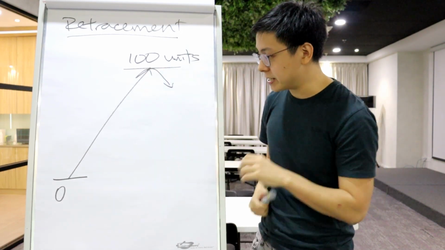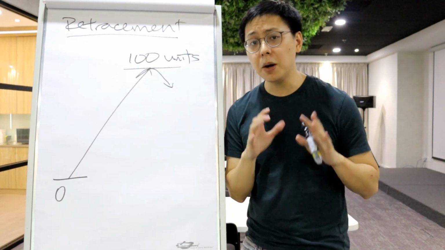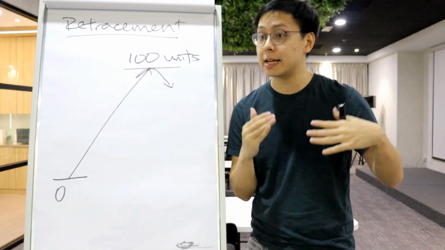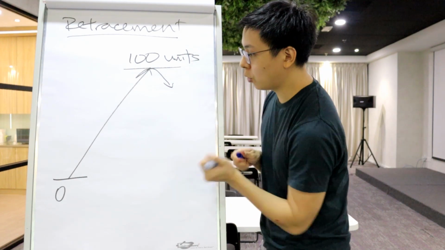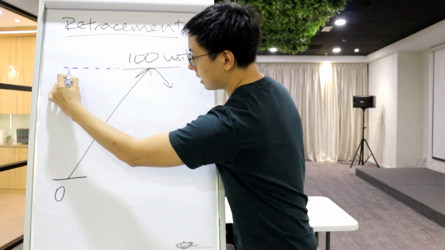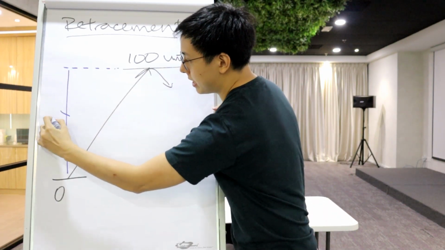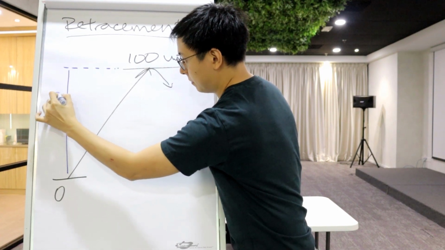So the idea here is if this is 0, this is 100, and we're going to put this into percentage terms, then if you measure it vertically, this is 100 units.